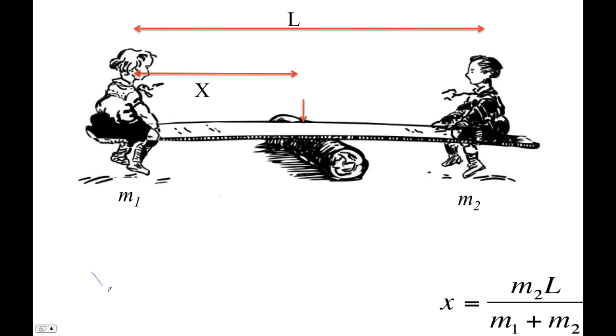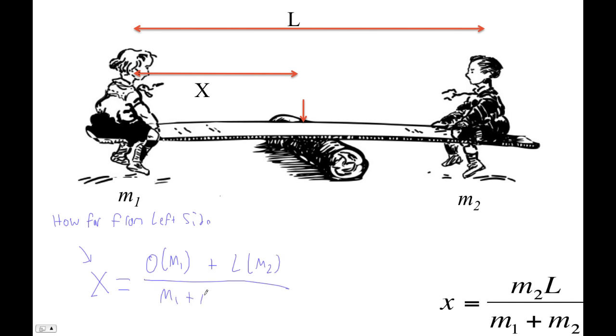X is actually equal to 0 times m1, because we're finding out how far the center of gravity is from the left side. So it's 0 times m1 plus L times m2 over m1 plus m2.